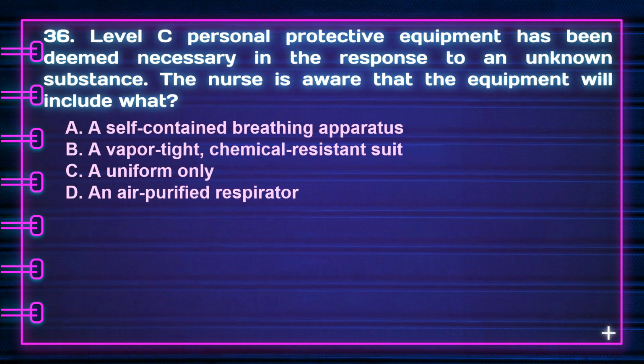When we talk about level A, that is providing the highest level of protection for respiratory and mucous membranes. Level B is for respiratory protection. Then level D is the same as a work uniform. But in this case, we need to talk about the air-purifying respirator. That's letter D.